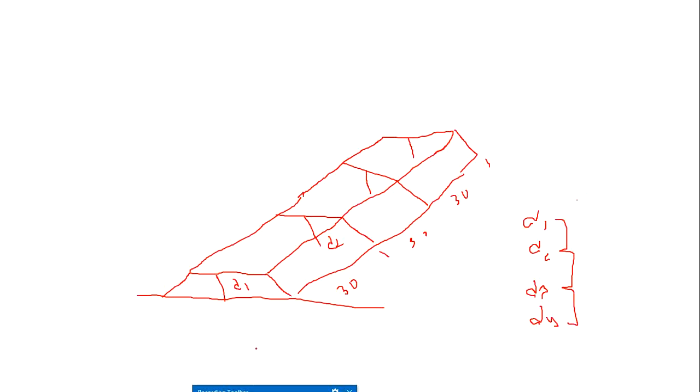Now here we have to make a slight difference: that is the mean area. We are not taking any mean depth here. We are taking mean area.